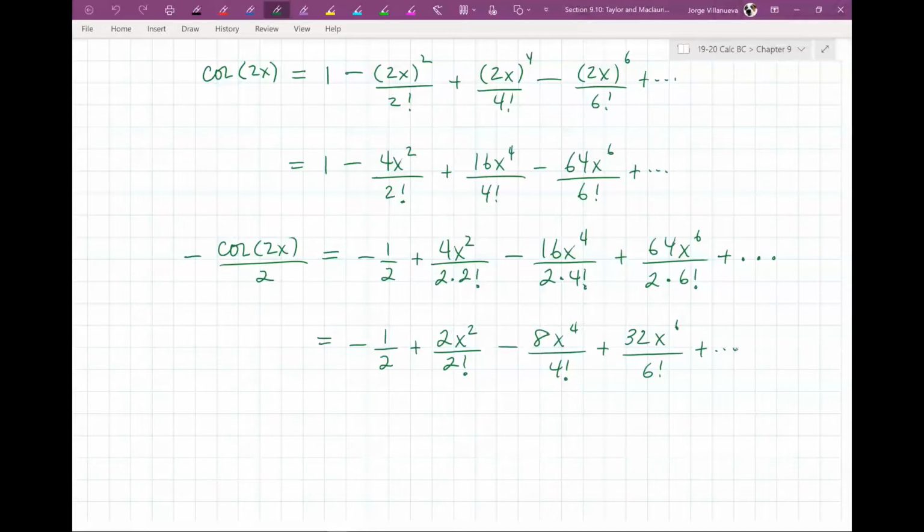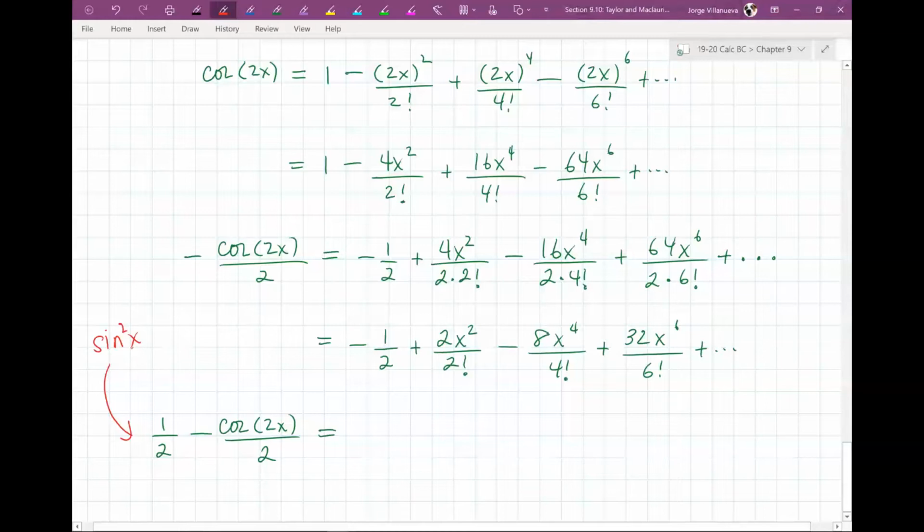I just got to add a half. So I'm going to put half minus cosine of 2x over 2. Now remember, this is sine squared x. So if I add a half, what happens to that minus half there? It's going to go away, right? So this will be half minus half plus.